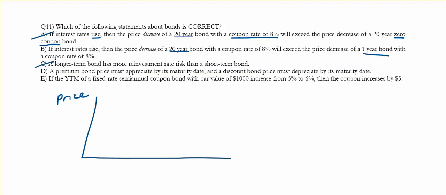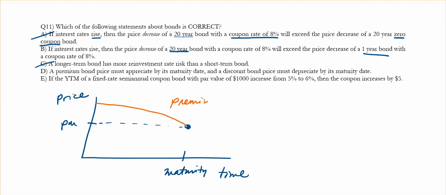If we plot price against time up to the maturity date, and if this is the par value here, the premium bond must go down to the par value, whereas the discount bond must go up to the par value, because they both will pay par eventually.